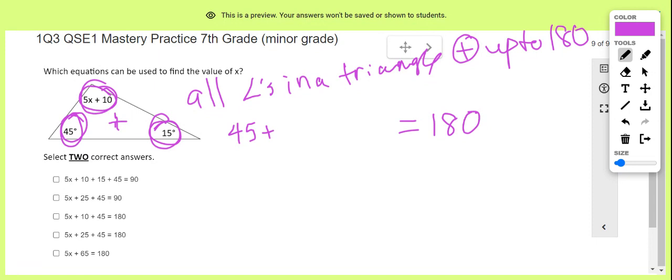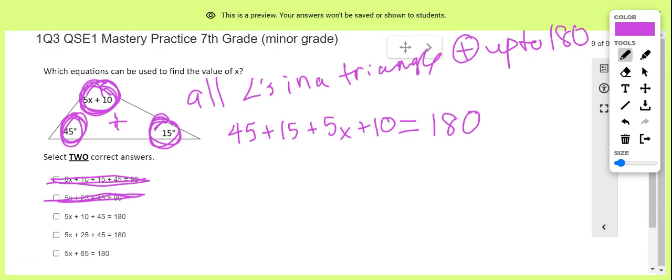So 45 plus 15 plus 5x plus 10. Okay, so we've got all of these. They don't equal 90. They don't equal 90. So now we have to see which one matches up with what we're looking for.